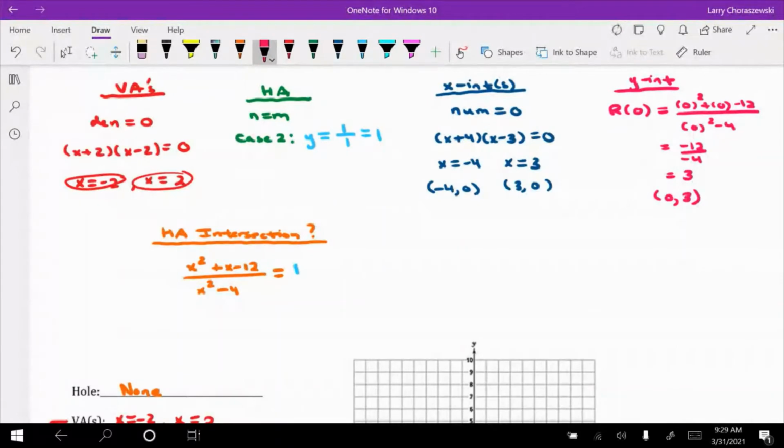To start solving for x, we want to clear out the denominator of x squared minus 4. We can do that by multiplying each side by x squared minus 4. And that gets us to x squared plus x minus 12 equaling x squared minus 4.